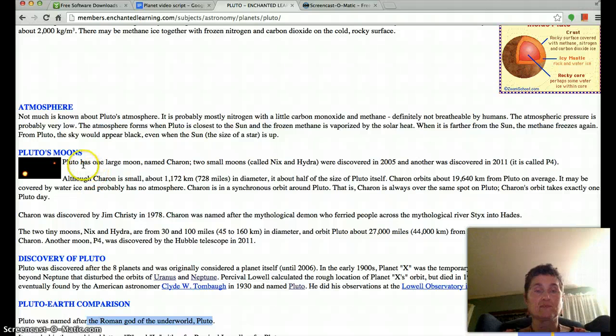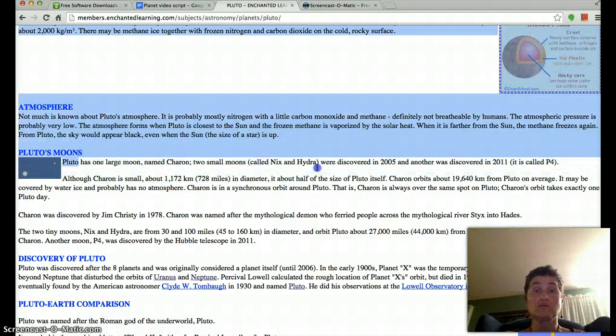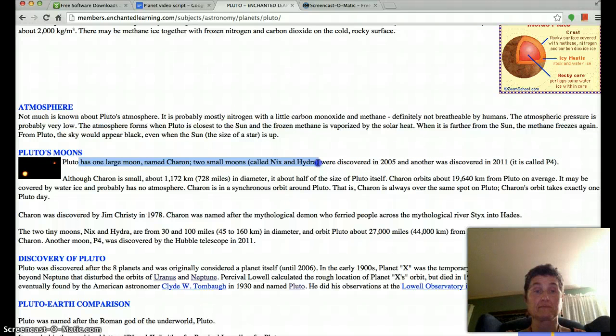And so far what I've learned is that it has one large moon named Charon, 2 small moons, and another moon called P4 was discovered by the Hubble telescope in 2011. So that would be 1, 2, 3, 4 moons. So let's go to my script.